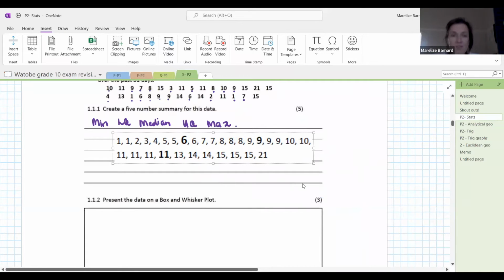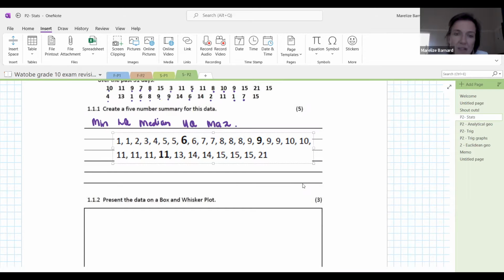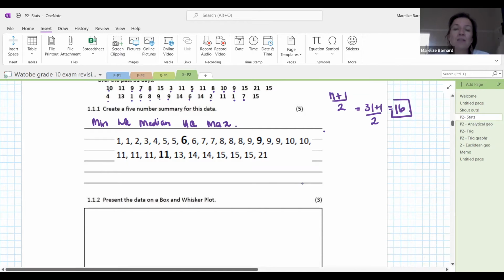Okay, so the first thing to normally do, which is the easiest number to find, is probably the median, which is the middle value. Because there are 31 data values, I know some of you know the formula n plus 1 divided by 2. So you can go 31 plus 1 divided by 2. That's going to be 32 divided by 2 is 16. But what often happens with this, and why I don't like these formulas, is that people think, okay, 16 is the median.